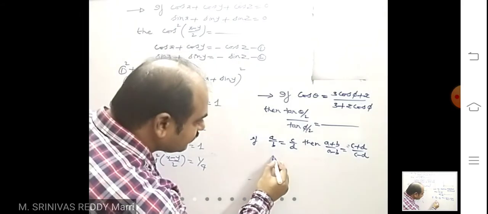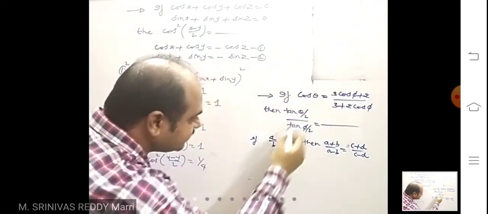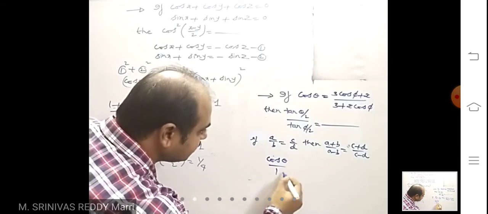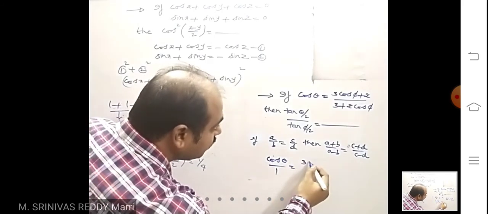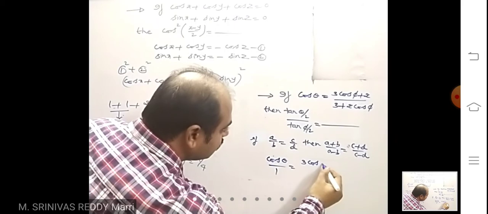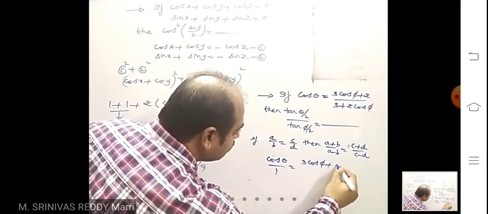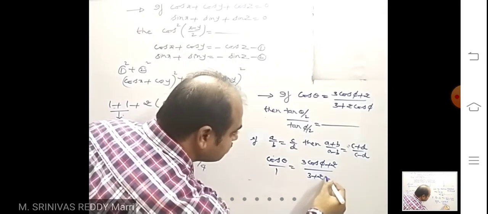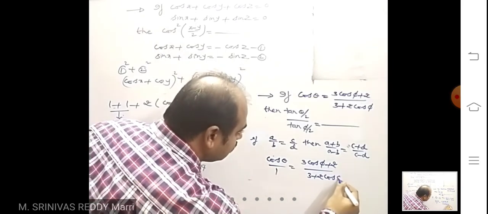Look at here, one ratio is there. Make it like the ratio cos theta divided by 1 equals (3 cos phi plus 2) divided by (3 plus 2 cos phi).